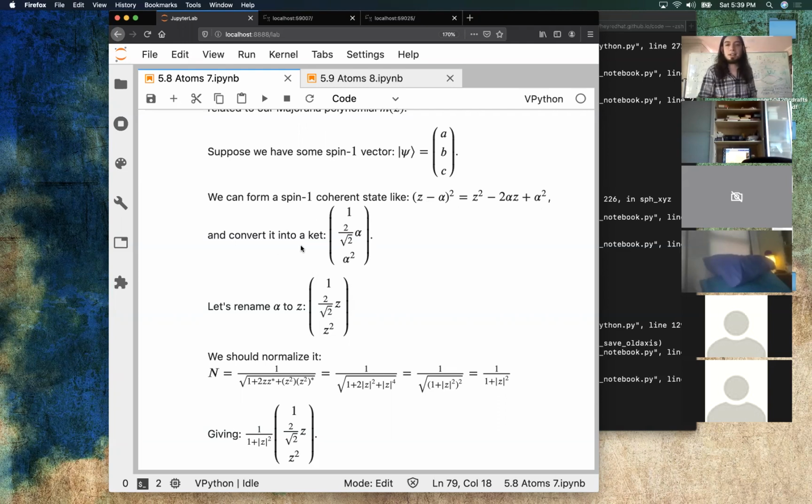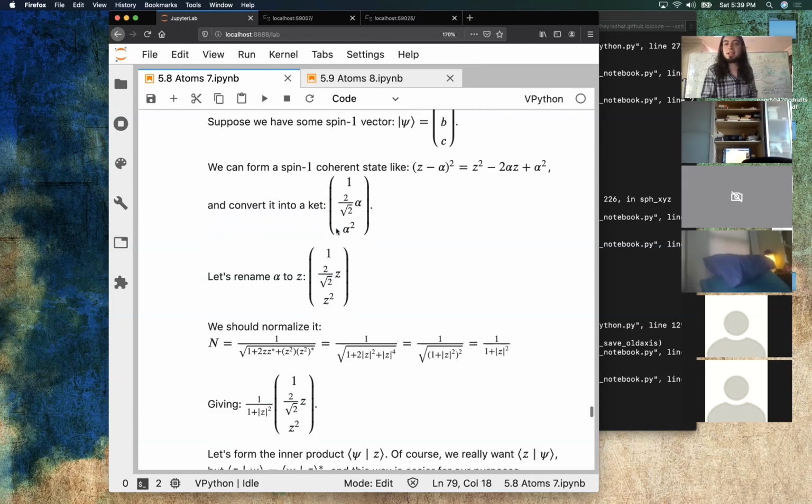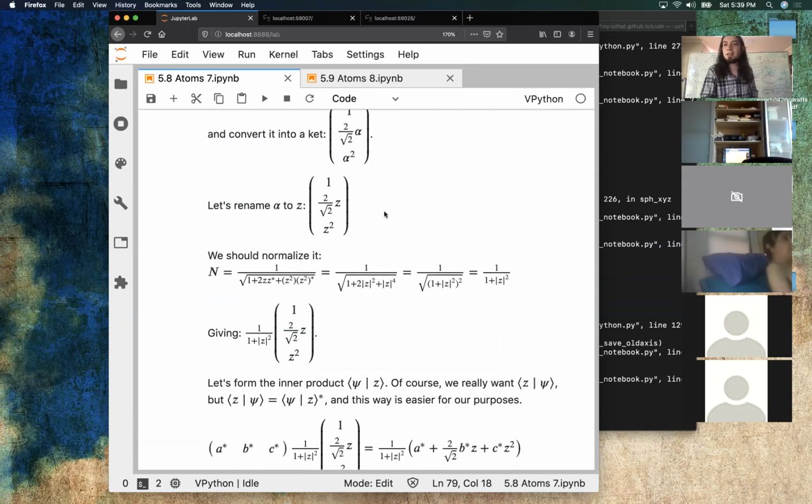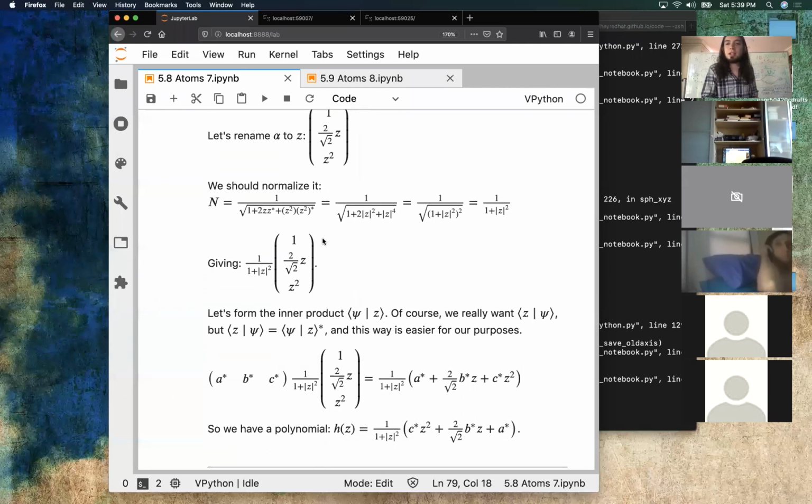And then we can convert this into a ket using the trick, right? We just had to flip the sign there, and divide this out by the square root. And we get this JM vector. And now the sleight of hand is, okay, I'm going to just rename alpha to be Z. And then I get this.